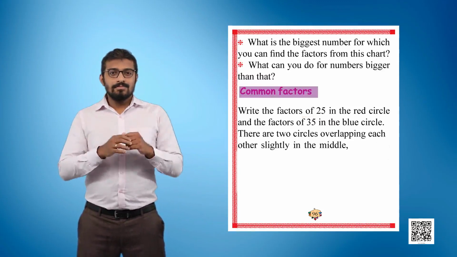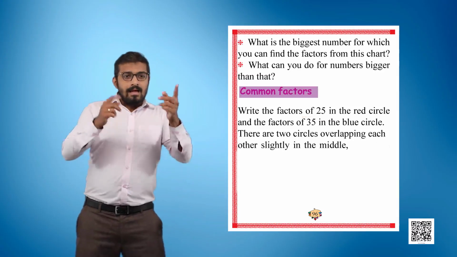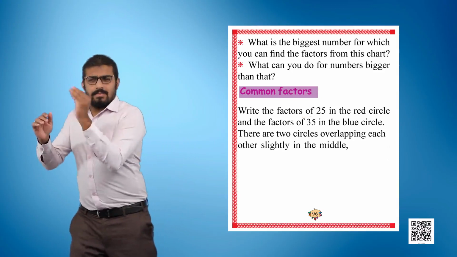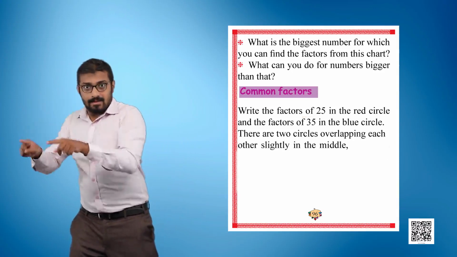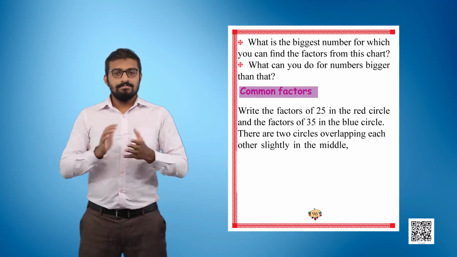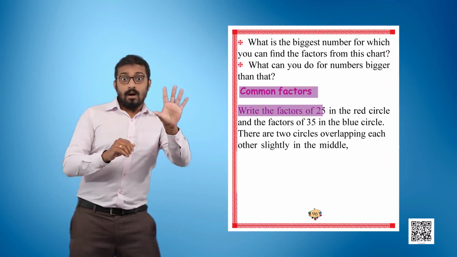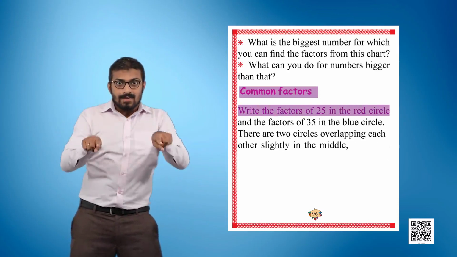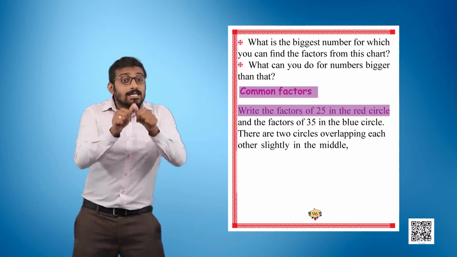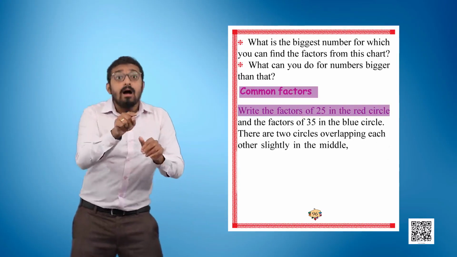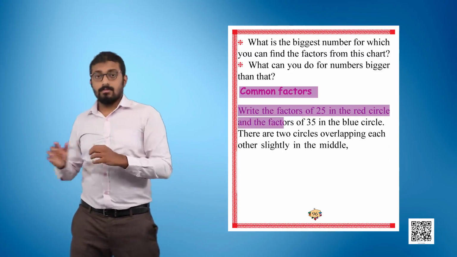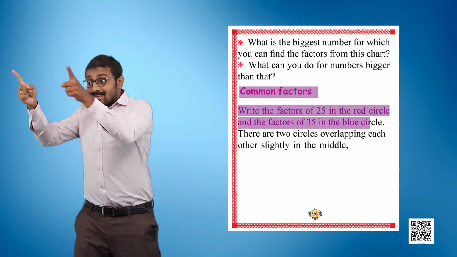Common factors. Write the factors of 25 in the red circle and the factors of 35 in the blue circle.